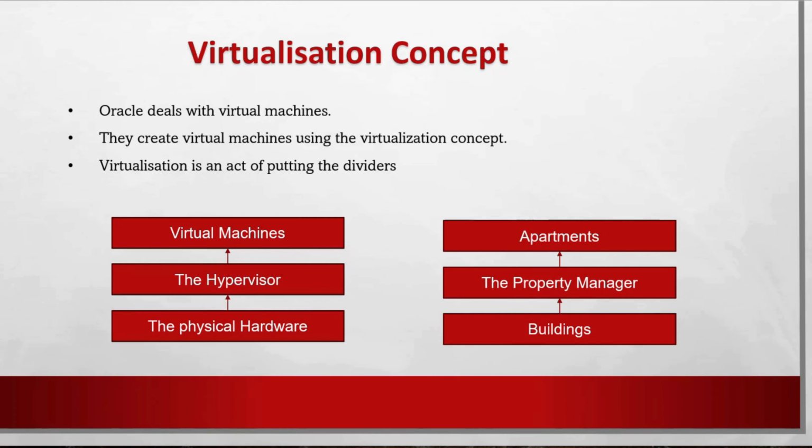I have given one example comparison also. Our physical hardware is nothing but our building. This is our actual computer, which has the metal chips, hard drives, RAM, all these things. Then comes the hypervisor. This is nothing but our property manager.